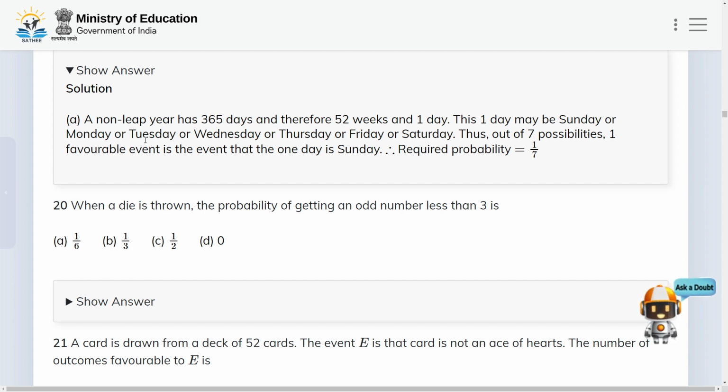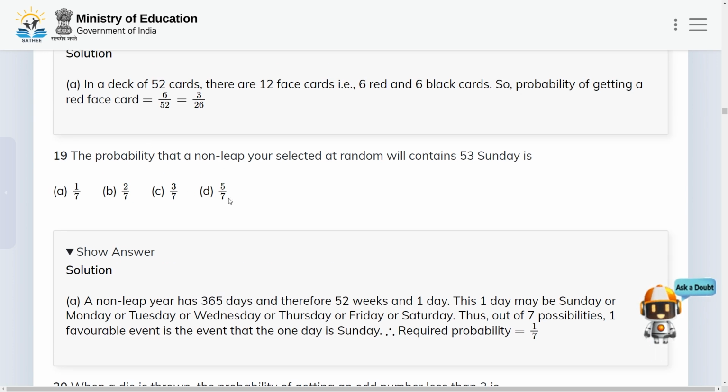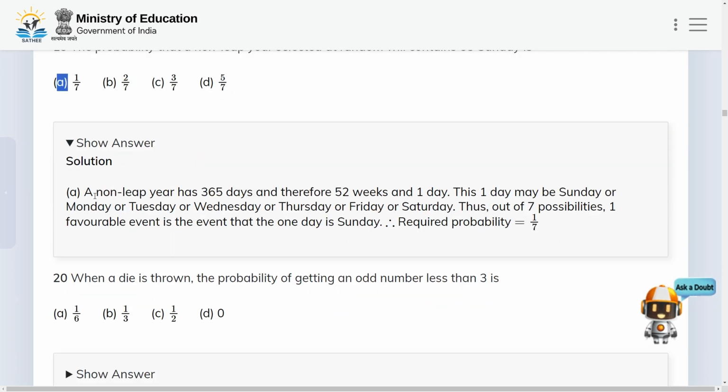Therefore required probability is 1 by 7. So the probability that a non-leap year selected at random will contain 53 Sundays is 1 by 7. So here the correct answer is option number A. So now let us move to next problem.